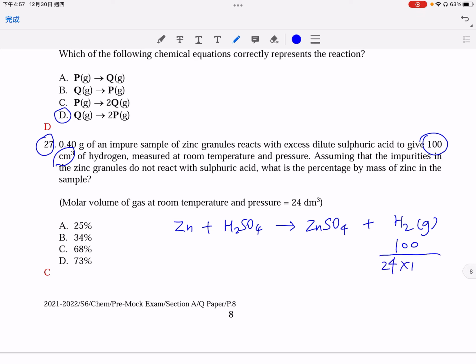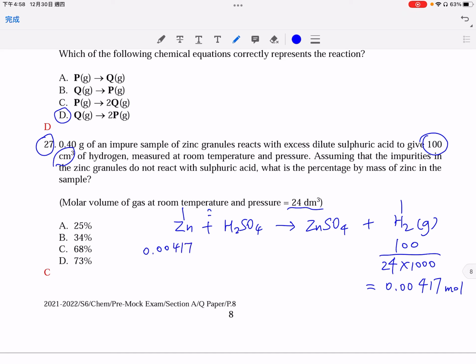Volume divided by the molar volume. Be careful about the unit. Then you got this number of moles of hydrogen gas being produced. As this has the mole ratio 1:1. Therefore, the same number of moles of zinc is produced.